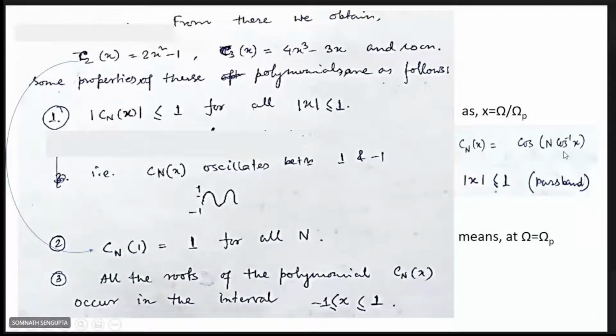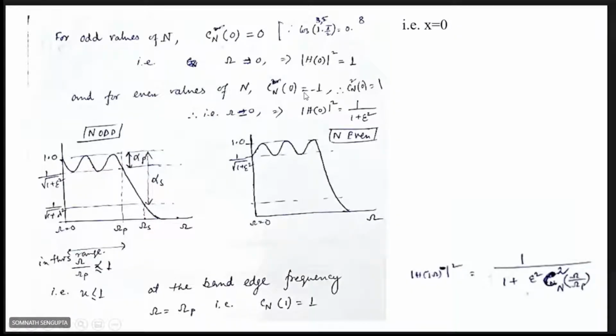So cos of n pi by 2. If n is odd, that is pi by 2, 3 pi by 2, 5 pi by 2, it becomes 0.